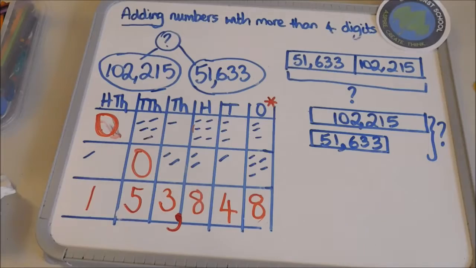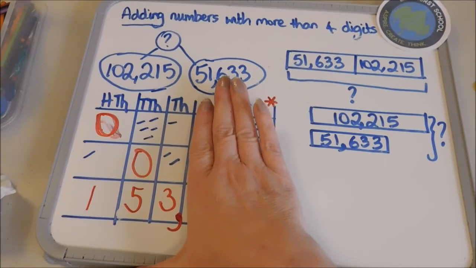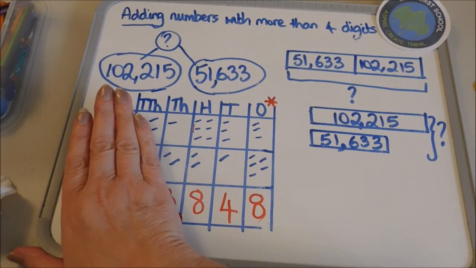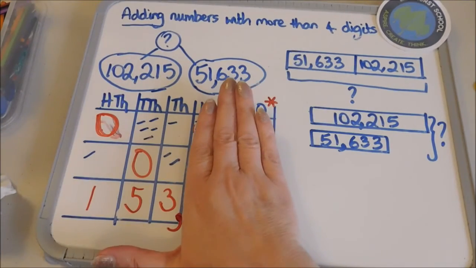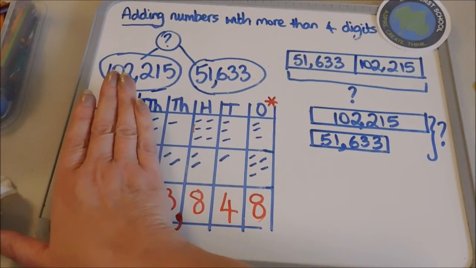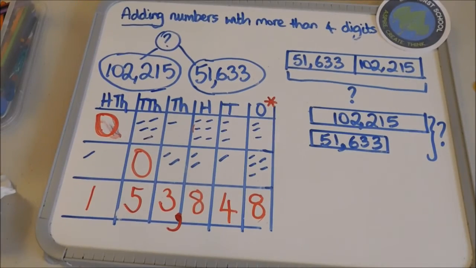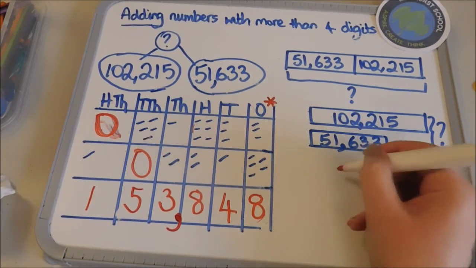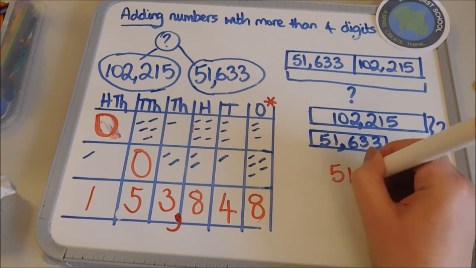So if I cover my hundreds, I've got 153,000. 153,848. That's my answer.